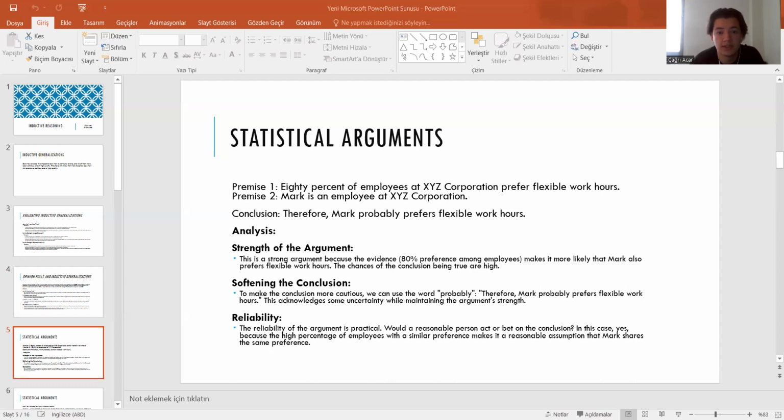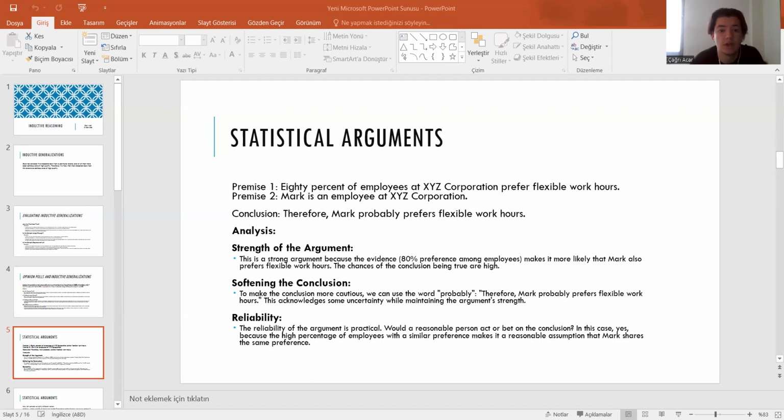The strength of a statistical argument is determined by the likelihood that the conclusion is true, with a continuum from strong to weak. A statistical argument is strong when evidence suggests the conclusion is more likely true than false. Conversely, a statistical argument is weak when the evidence indicates the conclusion is more likely false than true.